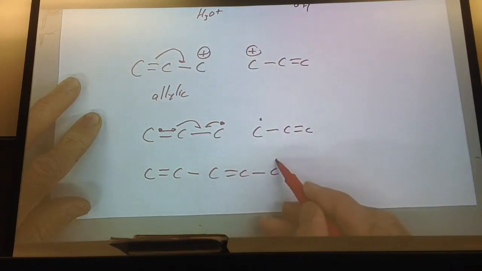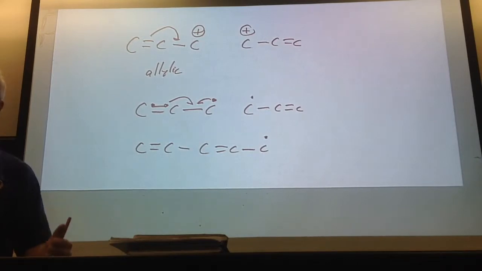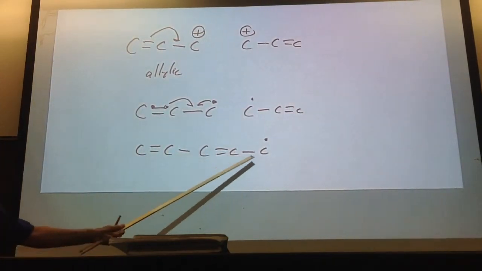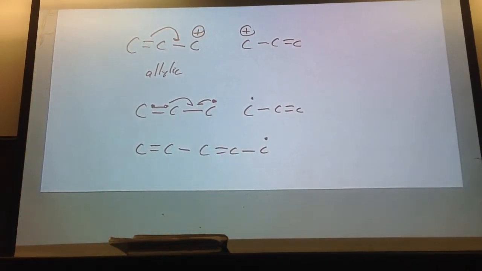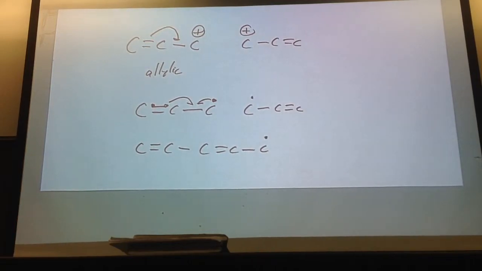Can you draw two pictures? And remember, with resonance, again, you can move pi electrons, you can move lone pairs, and you can move a radical. But you can't move this bond here. So if I give you that picture, I'll say, what are the other two pictures that you can draw?